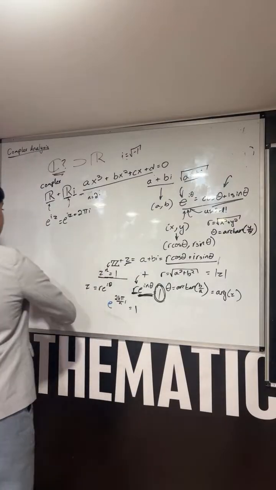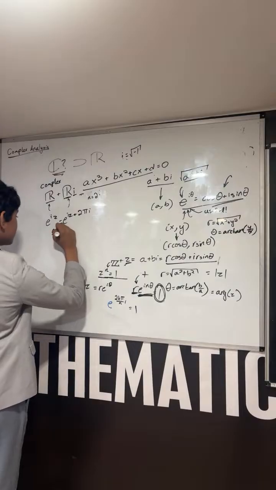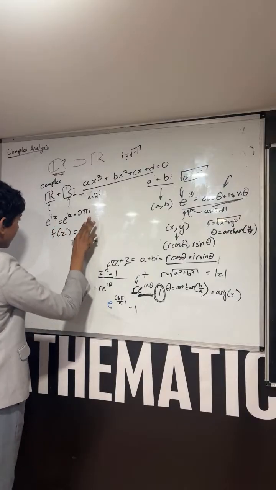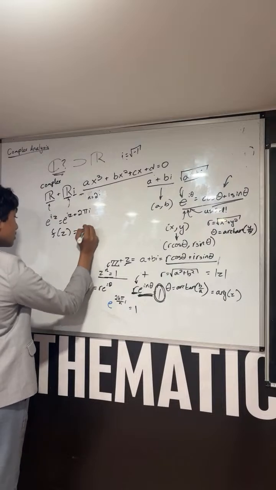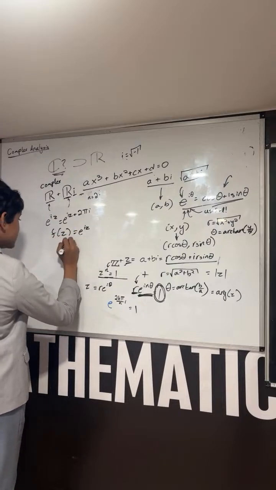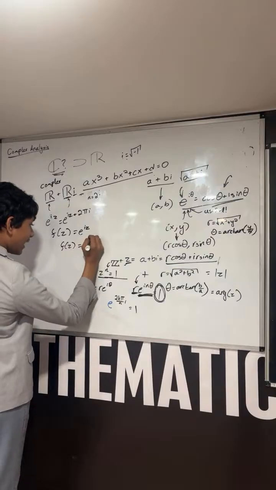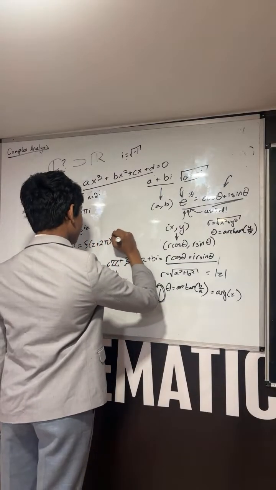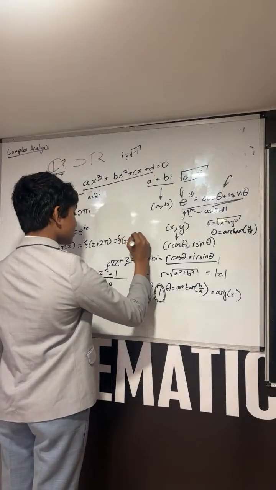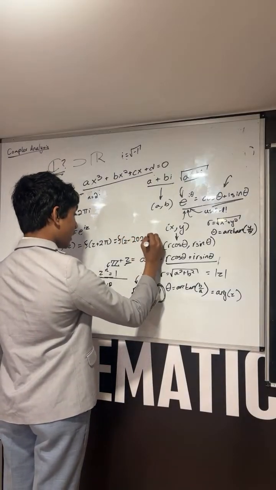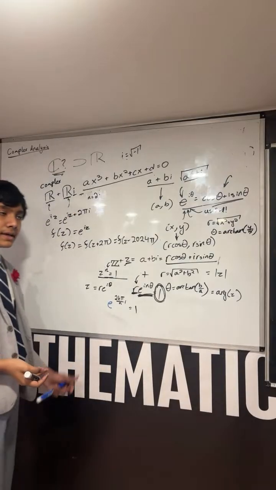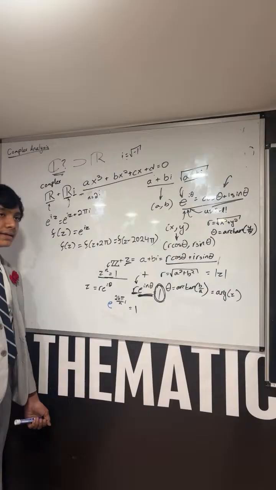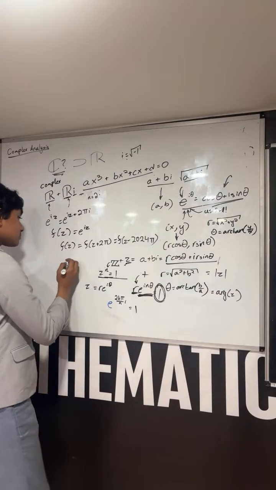So, if we define f of z is equal to e to the iz, we now have f of z is equal to f of z plus 2 pi, which is equal to f of z minus 2024 pi. z plus any even number pi is the exact same as f of z.